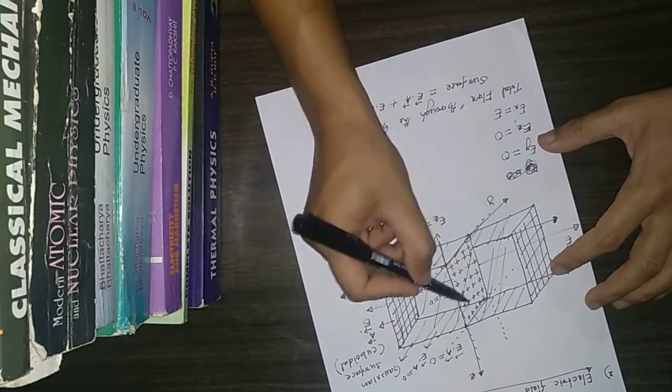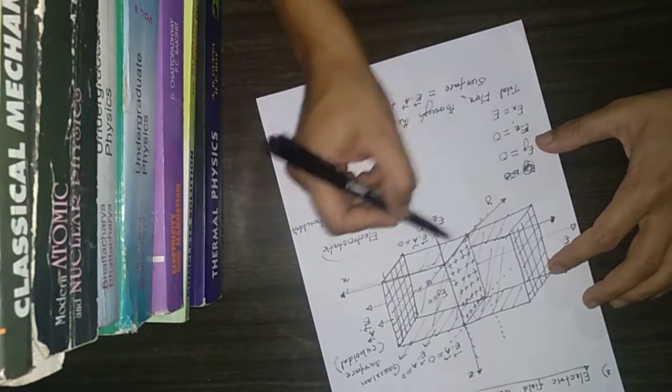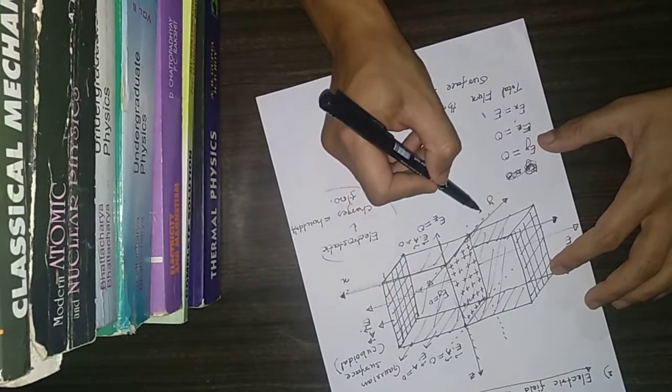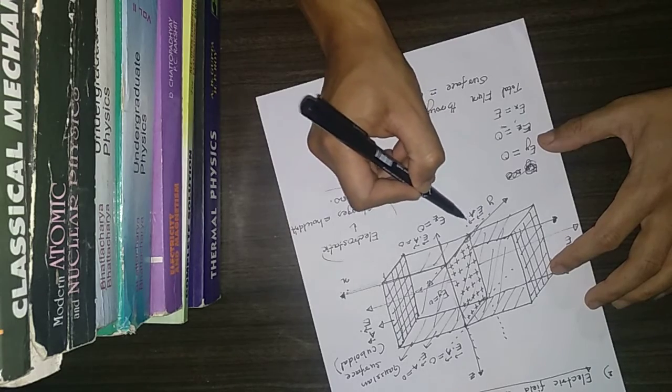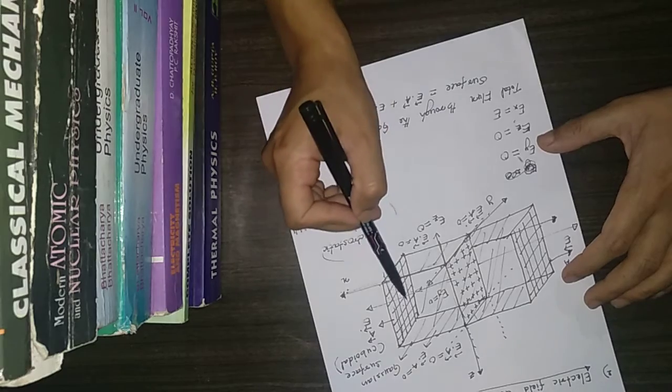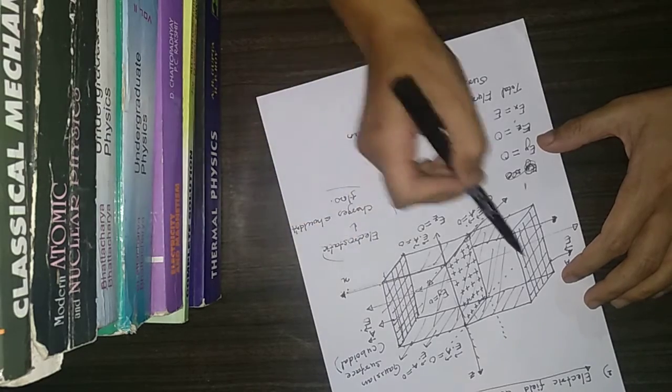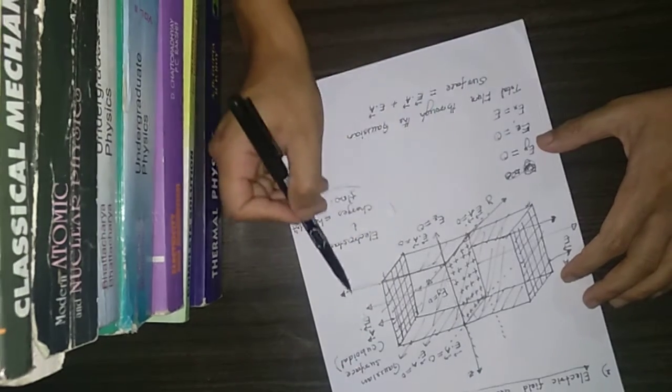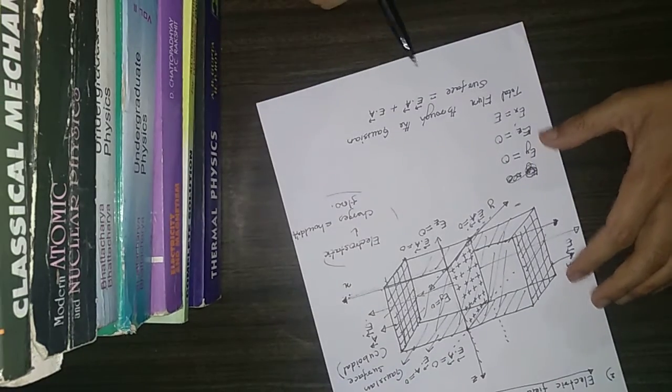And for this frontal face, Ey is 0 along this direction, that means E dot A will be 0. So the only E dot A that exists is for this surface and for this surface, for which the electric field exists.